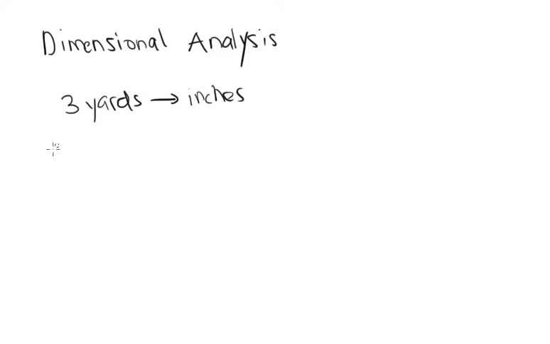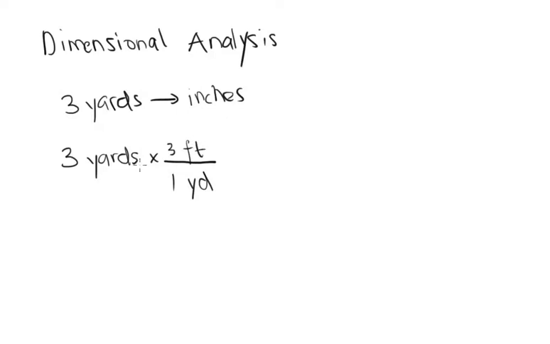The way we do that using dimensional analysis is we have 3 yards. And we use something called a conversion factor, or a ratio that we know. So we know that there are 3 feet in a yard. So we have 1 yard and we have 3 feet in the yard.